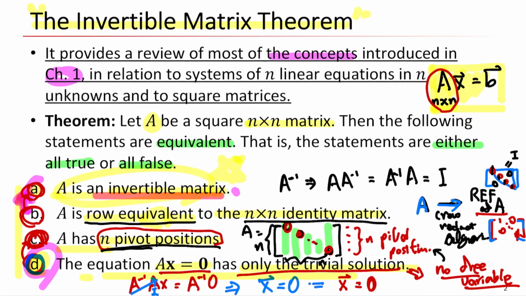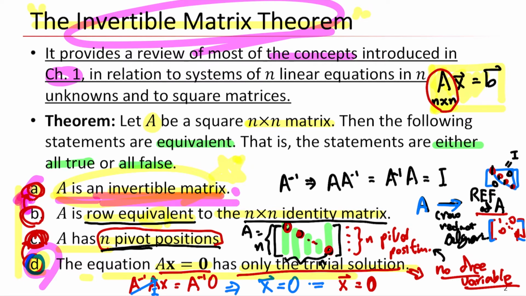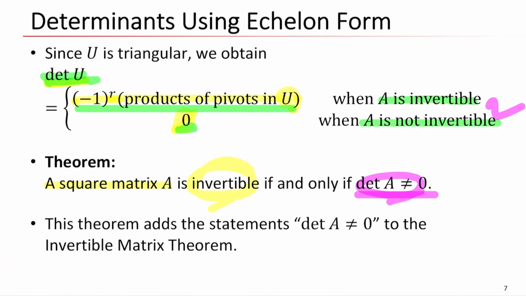Why? Because of the invertible matrix theorem. If you remember what an invertible matrix means, if A is invertible, then A has n pivot positions. So if A is invertible, then determinant A should not equal 0. In other words, if the determinant of matrix A is equal to 0, then square matrix A is not invertible.